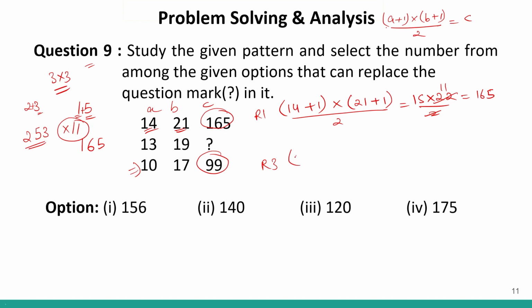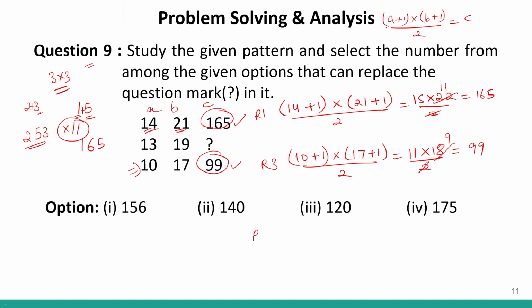So row 3: 10 plus 1 into 17 plus 1 divided by 2. So this will be 11, this will be 18 and we will divide it by 2. So this will be 9, and 9 into 11 is 99. So this also is true, 165 and 99. So this logic will be true.